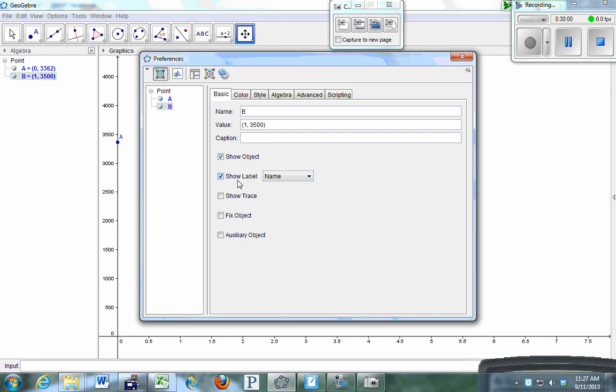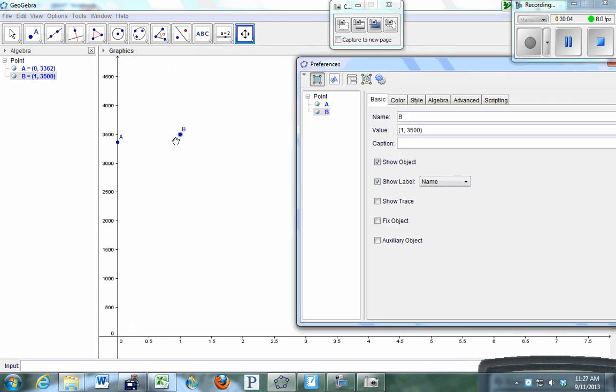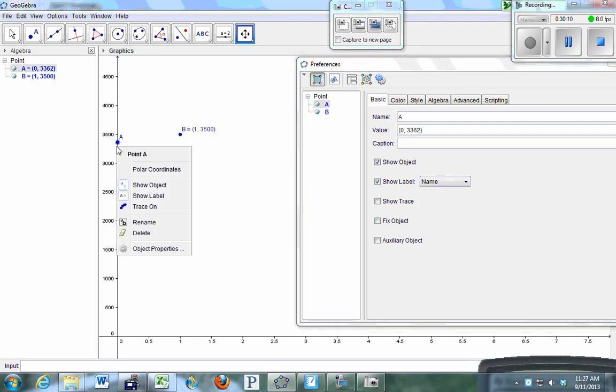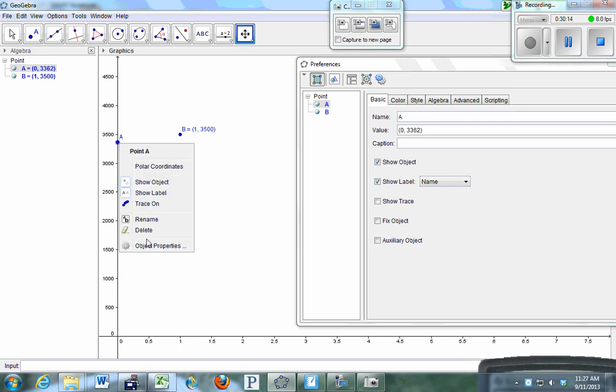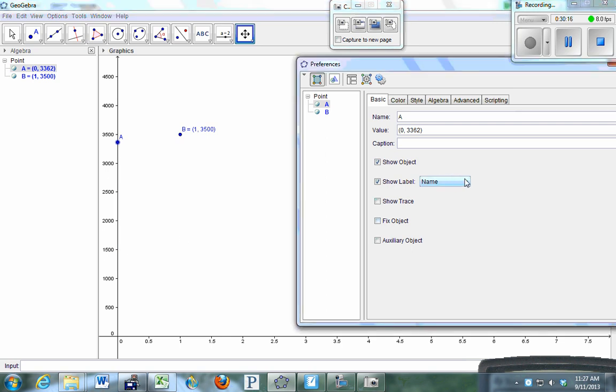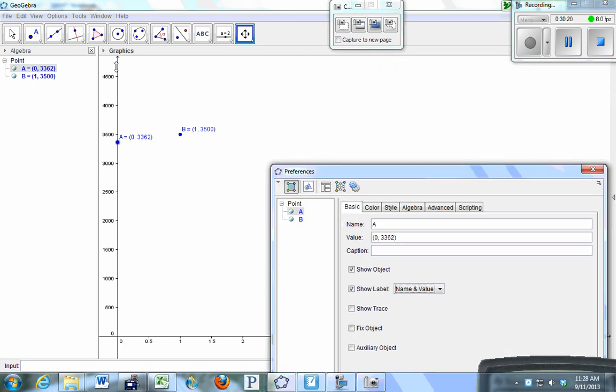But you see right here where it says label, show label, right now it just says label name. Here's the name, B. I want to see the name and the value. Boom. I want the name and the value for all of my points, because when I look at my graph, I want that information. So that's how you can get that.